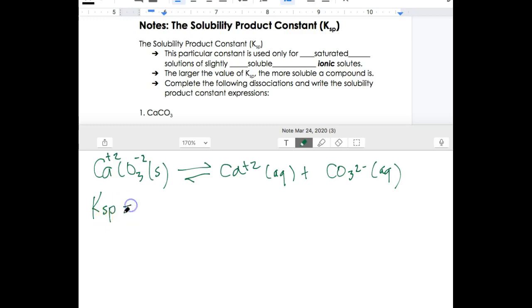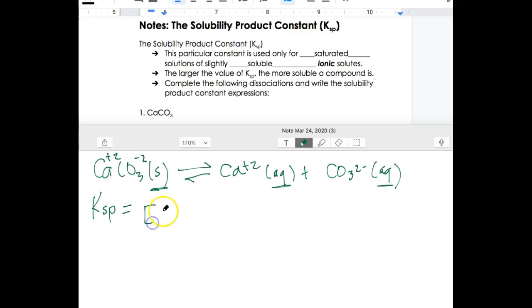Anytime you deal with solubility products, you usually don't have anything in the denominator, because it's products over reactants. Products include aqueous solutions, so we include them in the constant, but we learned that we don't include solids or liquids. So we're not going to have anything in the denominator.